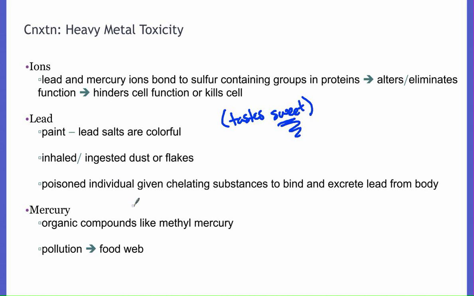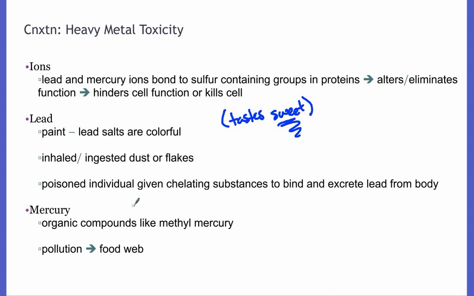Otherwise, mercury poisoning, right? You need organic compounds like methylmercury. It can't just be regular mercury. So there are some forms that are dangerous, other forms that are not necessarily as dangerous, but all mercury can be toxic. So you want to make sure that you're taking care of that.